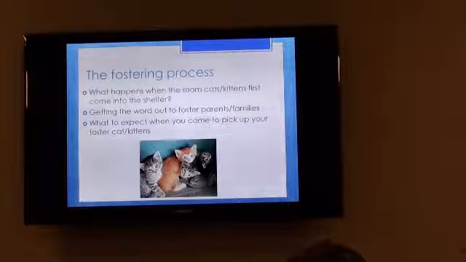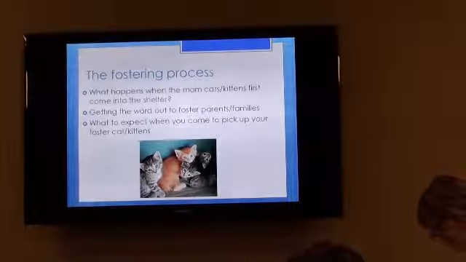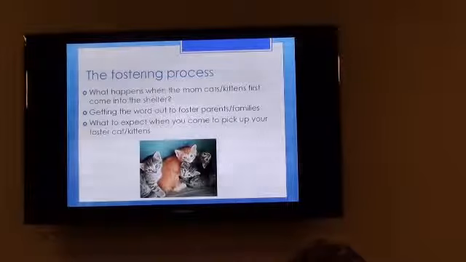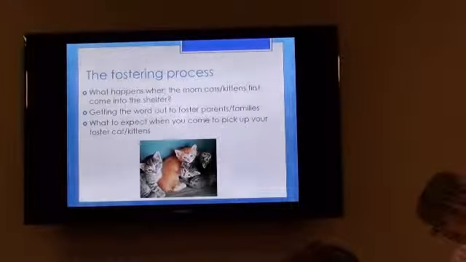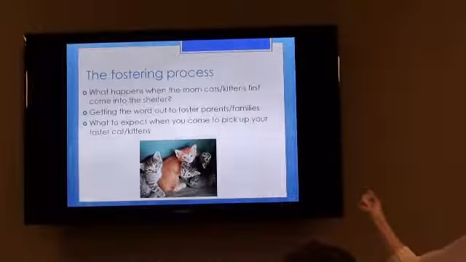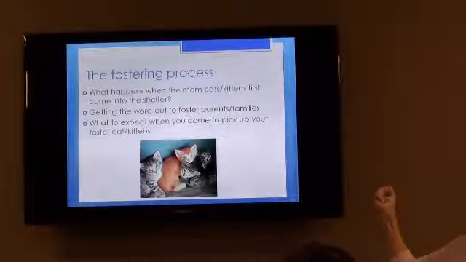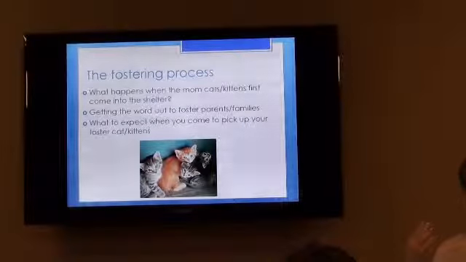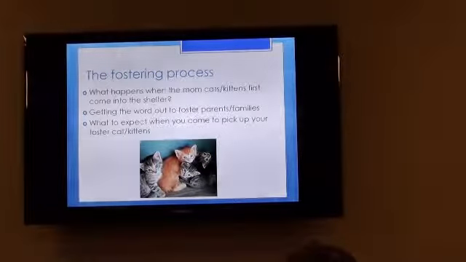All of those things I will try to include in the email. And I will also let you know how long we're thinking that the foster will be needed for. And then, like I said, whoever responds to it first and looks good and sounds good, they're going to get them. And then I arrange with you on the phone about going up to the shelter and picking them up.